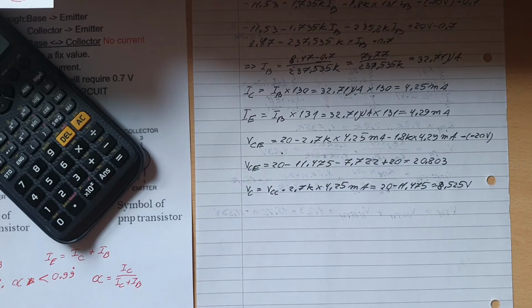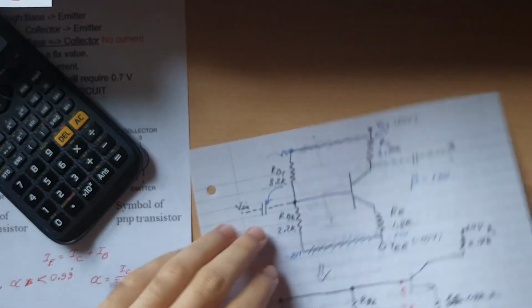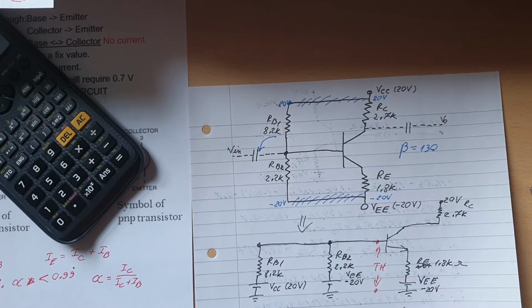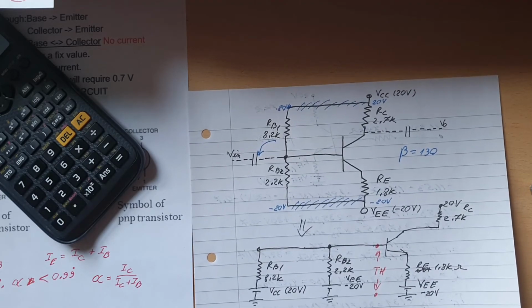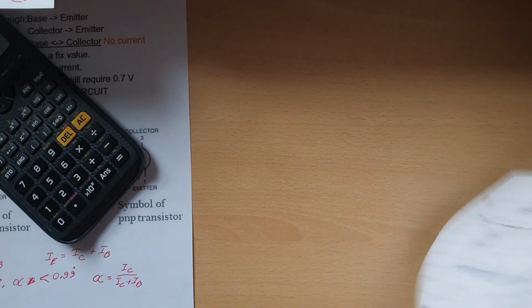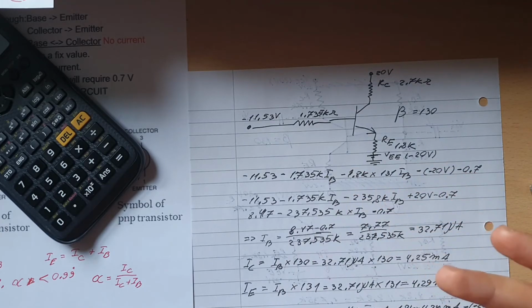This is everything we need to know. Okay, now there will be only one more exercise, and the last one will be an easy one, a breeze, just to finish it off nicely. And this one is one of the harder ones because of all the voltage sources and the positive and negative voltages, and also because of the overall simplification that we need to do to get to a circuit like this one here to be easy to calculate through it.